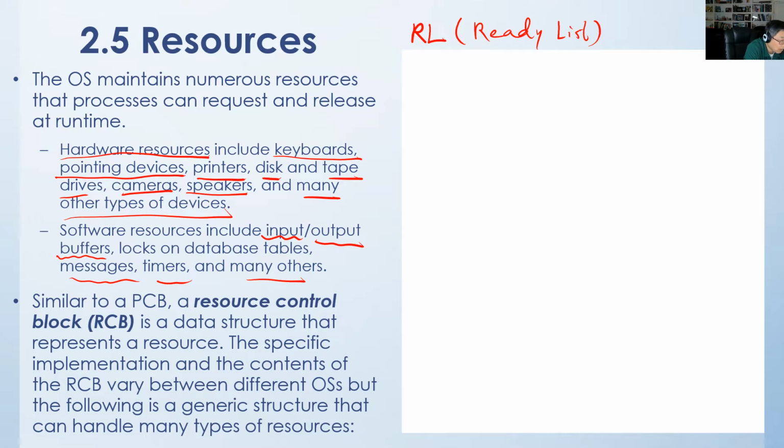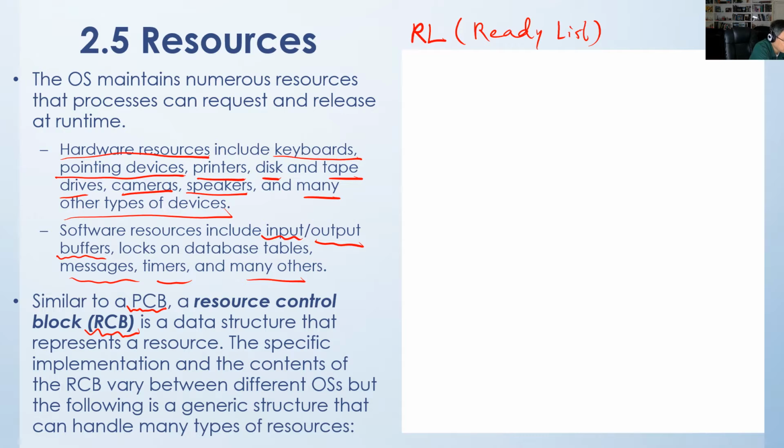Now, how does an operating system manage these resources? Remember, for a process, the operating system uses the process control block to manage it. For each resource, like a keyboard or printer, the operating system also uses a data structure very similar to the PCB, called the resource control block, RCB.